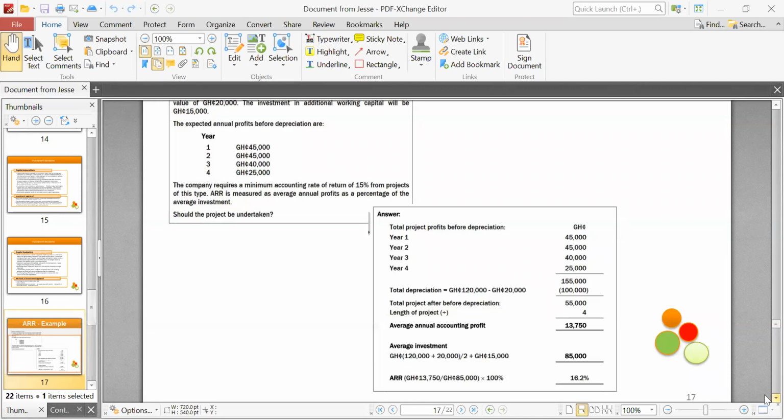Okay, so that will be our annual profit.